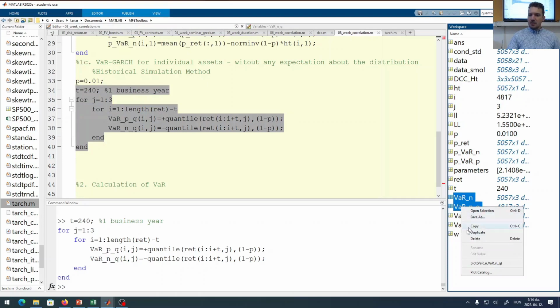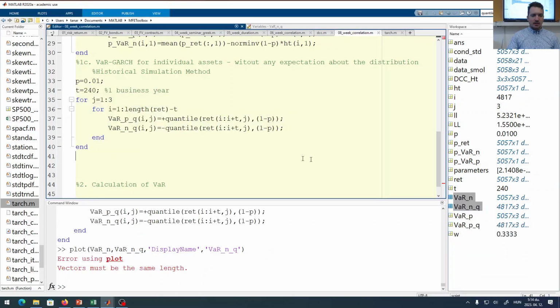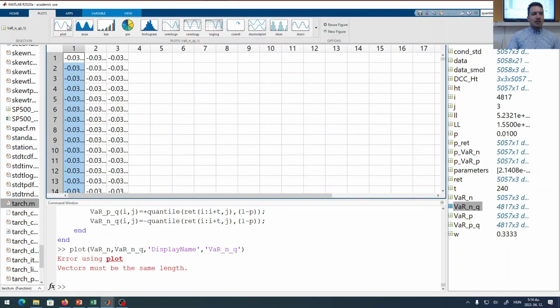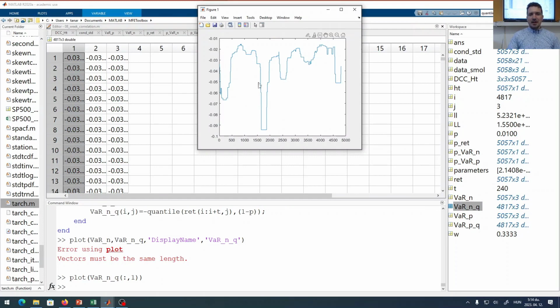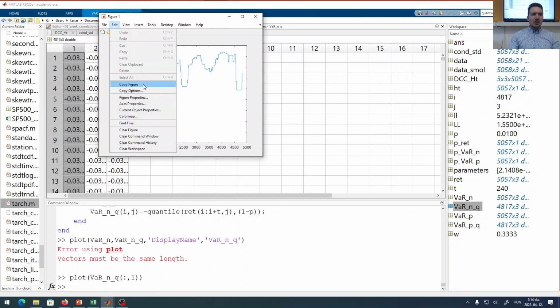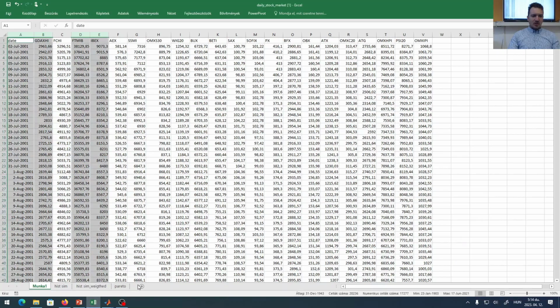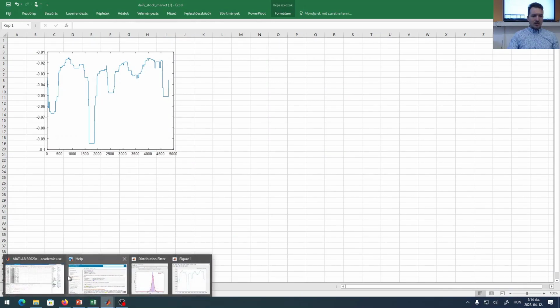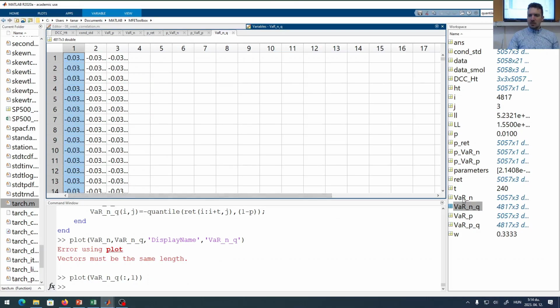So what happens if we are comparing them? They are not the same length, so I cannot compare them easily. Yeah, but now we have similar things. Because of the rolling window nature, we have stuff like this. Okay, this was negative.